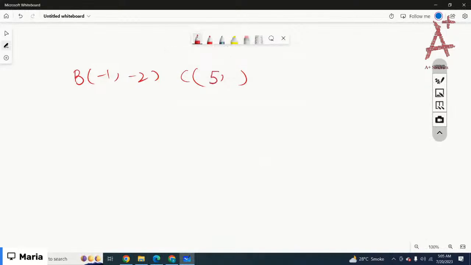You have to find the slope of the 2 points. So let's just calculate the slope of BC. Y2 minus y1, it is -2 minus 1, and -1 minus 5. So it is -3 over -6. That means the slope of BC is 1 over 2.